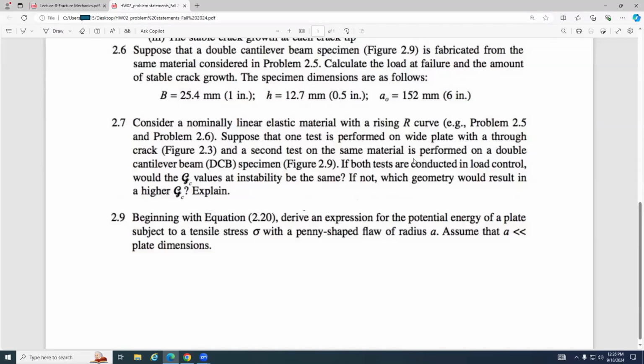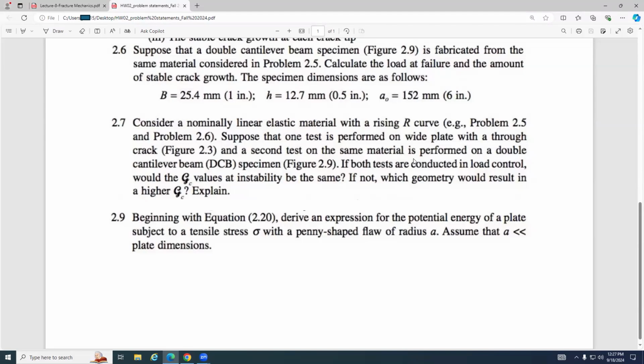For the penny-shaped crack, we have this Ws. Ws is the work needed to create two surfaces. And penny-shaped is a circle, two circles, top and bottom.